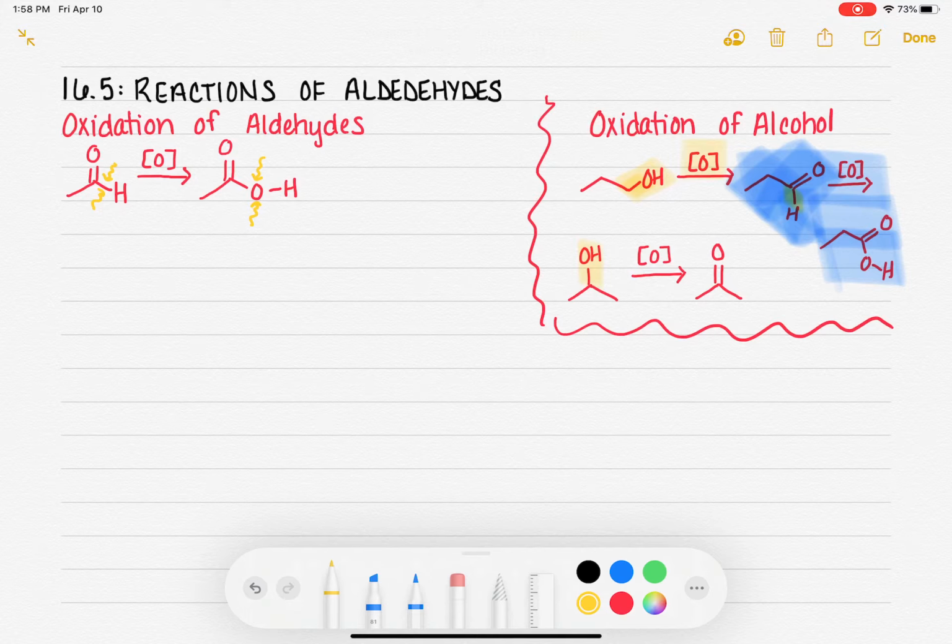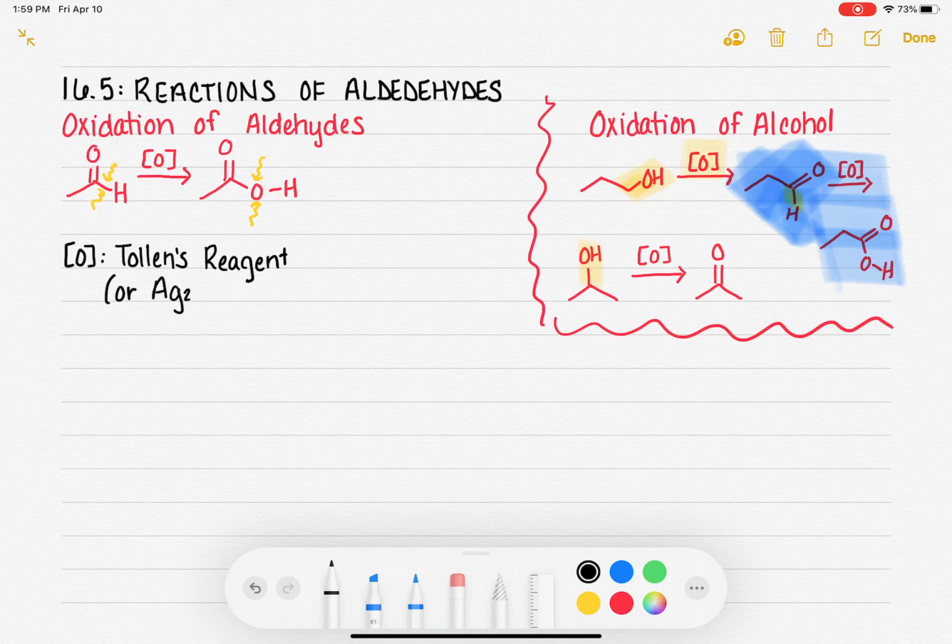We have two different sets of reagents that we can use to do this type of oxidation process. One of them is called the Tollens reagent. It is usually known by its name, Tollens reagent, but occasionally you will see it written out in its molecular formula.